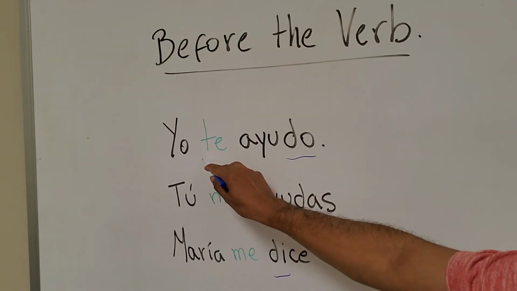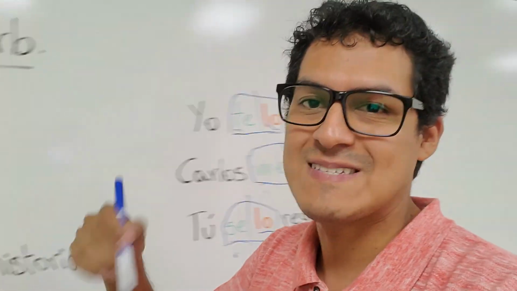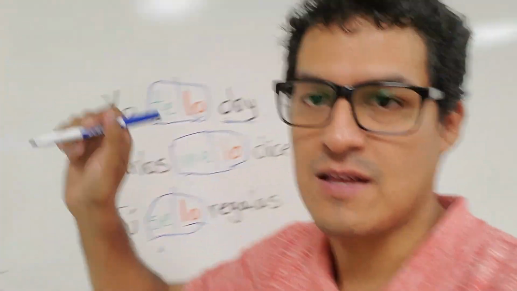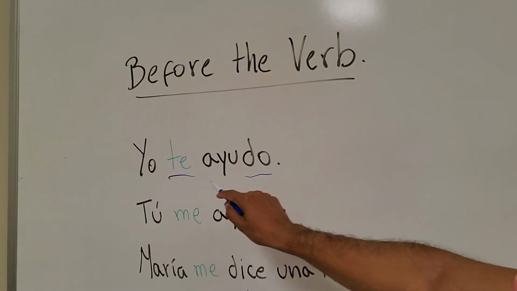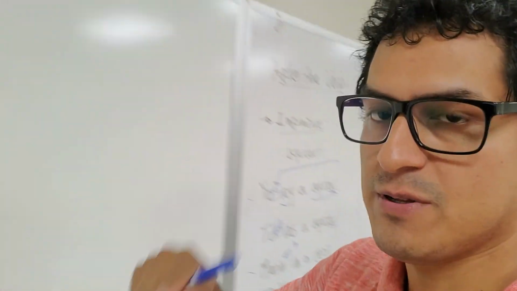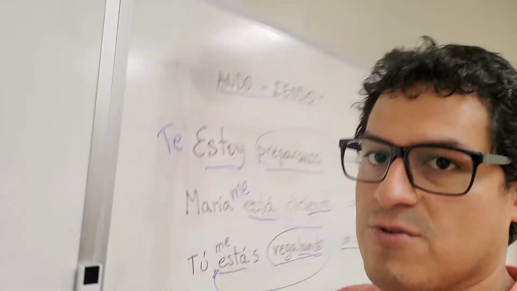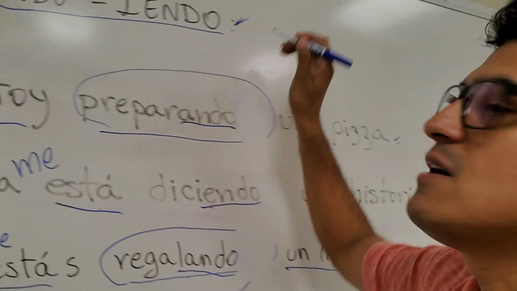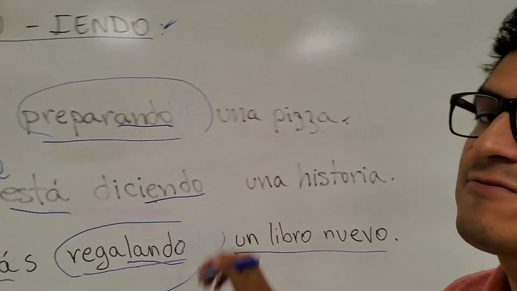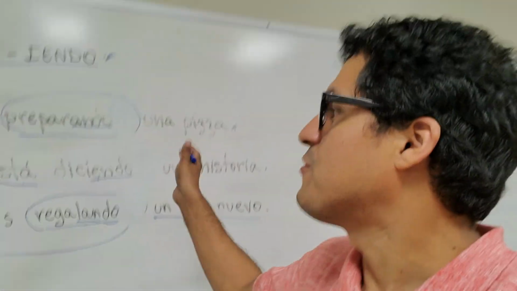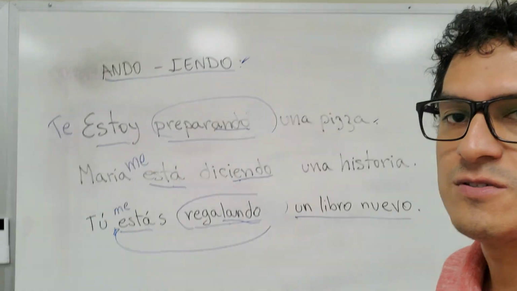Before the verb conjugated. In that case, the verb was estar. In this case, it's ayudar, but it's still conjugated. Estar is conjugated too. So I can put the pronoun before the verb, but I also have the third rule. If the verb is in ando yendo, then I can place it after. I have the two rules, so I can put the pronoun before or after the verbs.